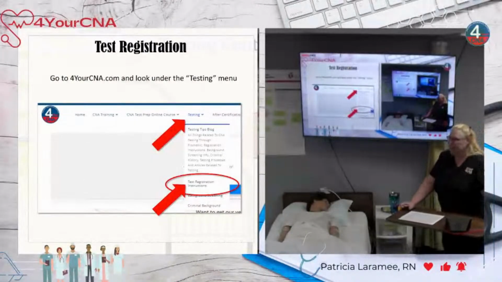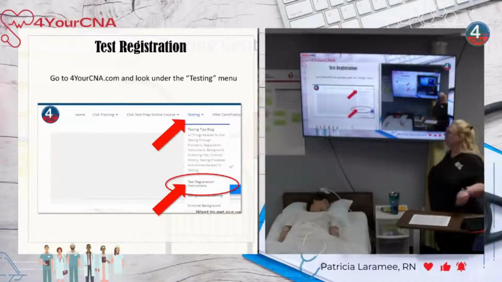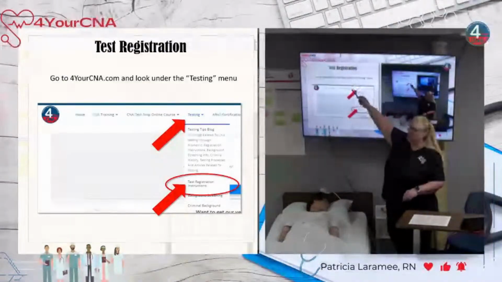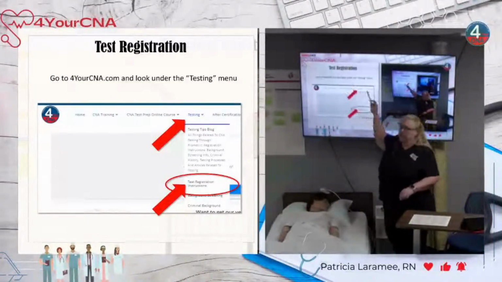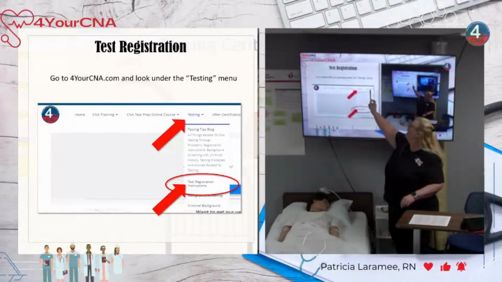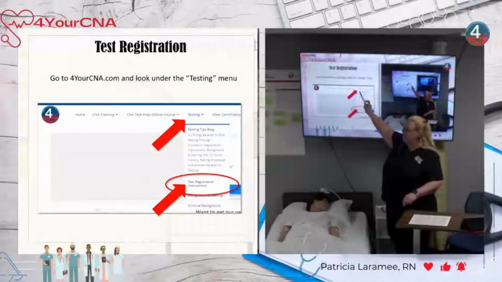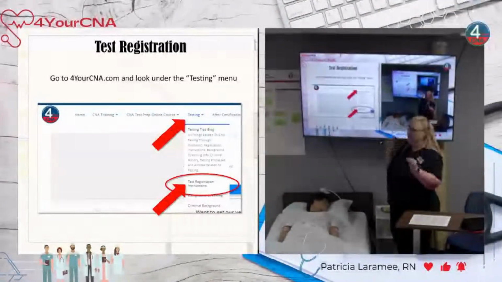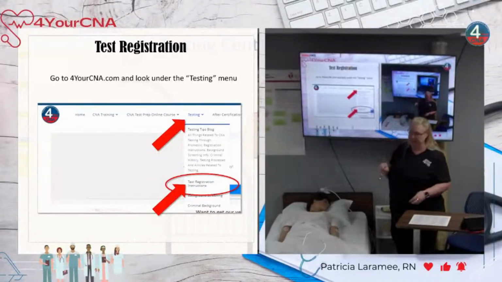On my website, you're probably going to want to write this down. On my website, on 4YourCNA.com, I've got this menu at the top. I have CNA training, testing, and after certification. Under this testing menu, if you click on it, it'll open up and there's test registration instructions. This is a step-by-step how to fill out the form you just were handed.